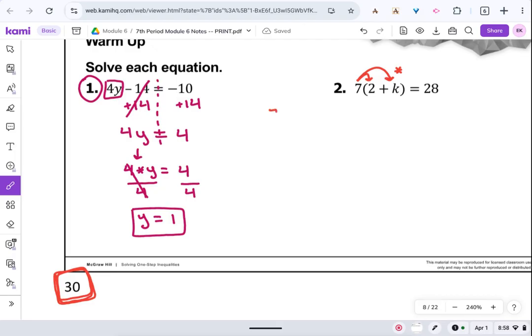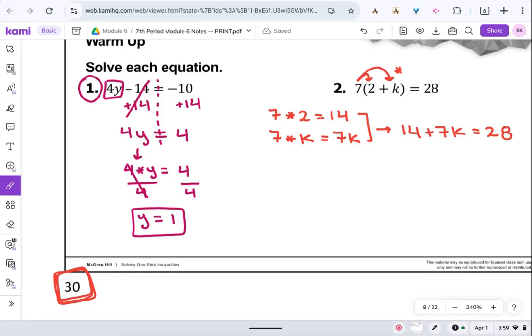So what I end up getting is 7 times 2, which is 14, and then 7 times k, which is a 7k. These two are going to combine together to go on that side of the equation, and then we can go ahead and solve using our solving skills.